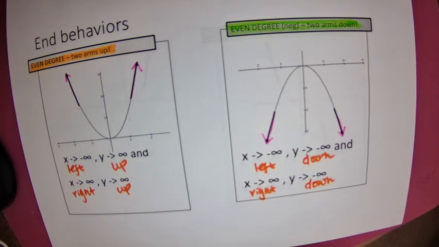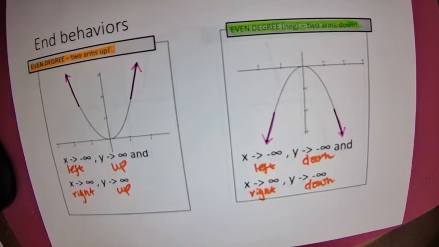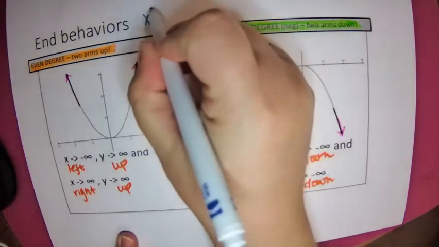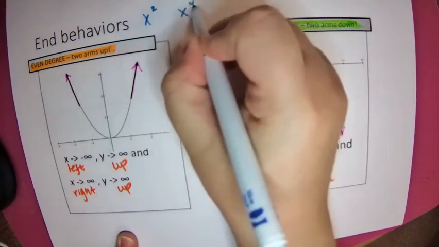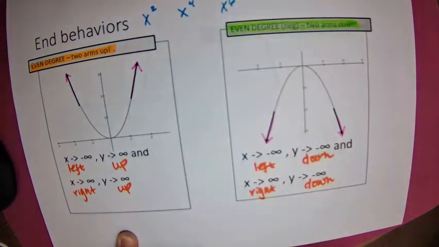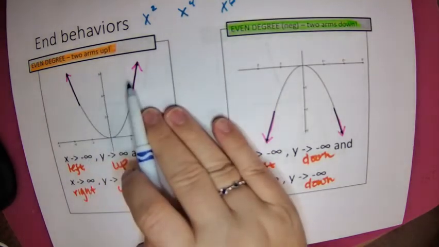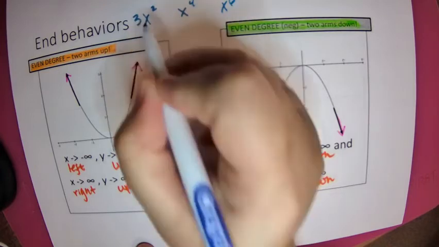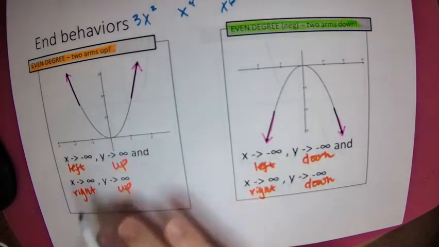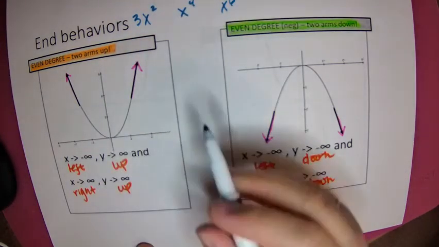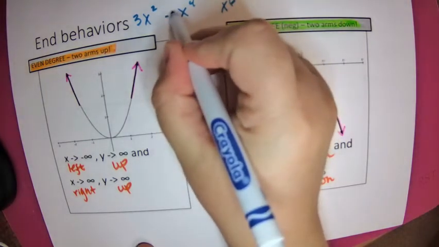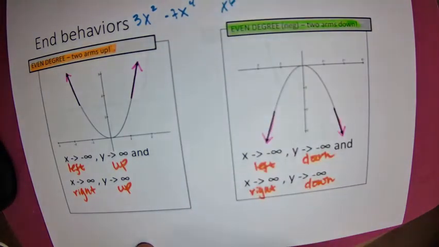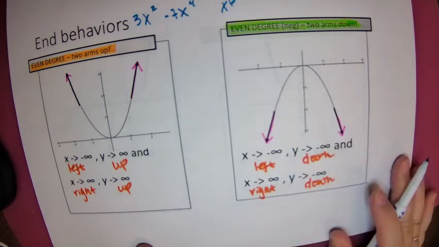So this happens not just on parabolas, but any function that has an even degree. So anything that's got an x squared or an x to the fourth or an x to the sixth will have either two arms up or two arms down. If it's positive, something like a 3x squared, that would be two arms up. But if it's negative, like maybe a negative 7 or 6 or something, that means we'll have two arms down.